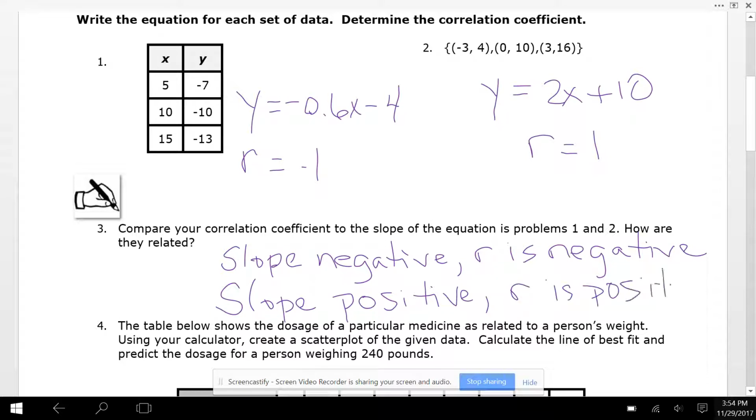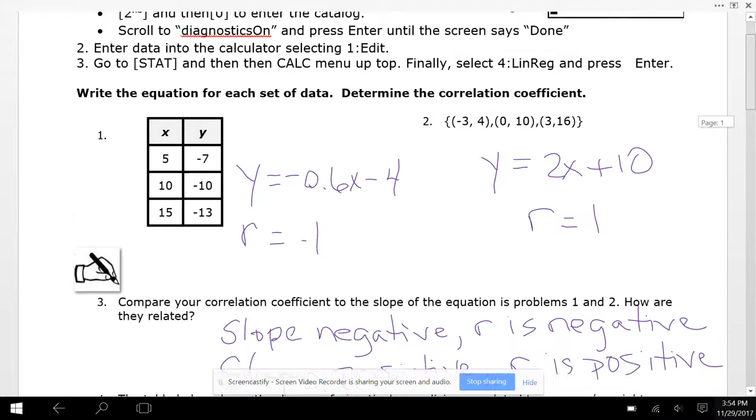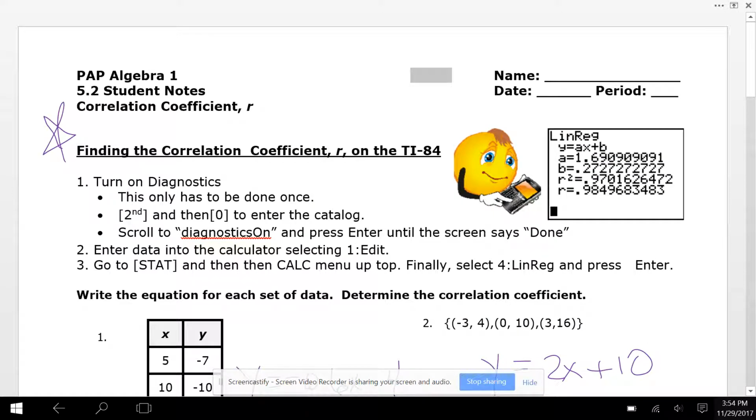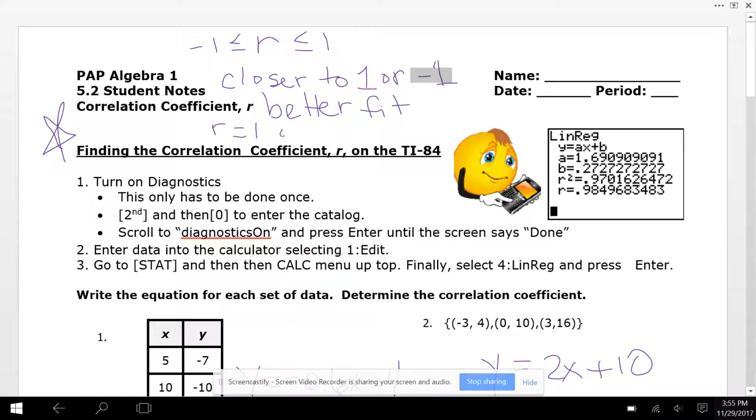Okay, so go back up to the top of your paper and let's write a couple of things down just so you remember. Your R values go from -1 to +1. The closer to 1 you are, or -1, it's the better fit. If R is equal to 1 or -1, it's a perfect fit.